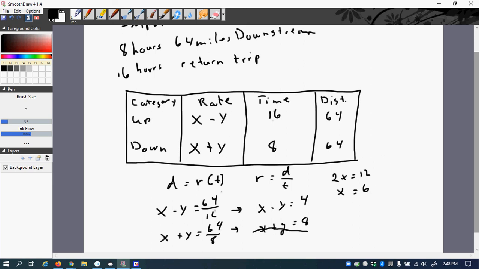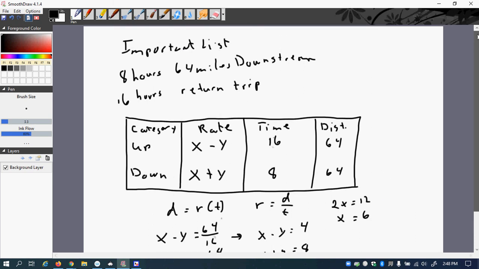So far I know that my x, which I did not define when I should have.